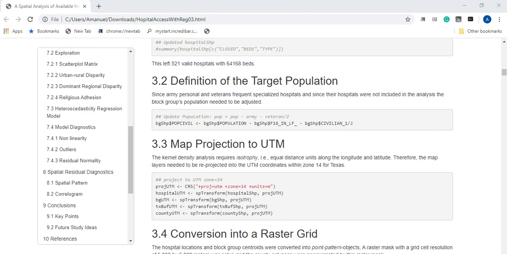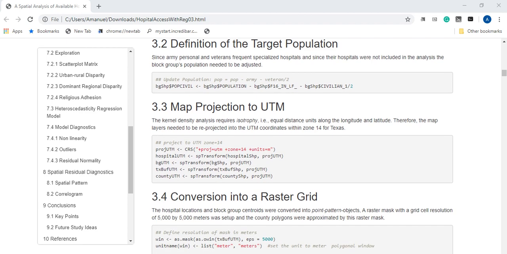Definition of the target population: since the Army personnel and veterans are frequently visiting specialized hospitals, their population count is removed and only civilian population is used. And the map is projected into UTM zone 14, which is suitable for Texas.